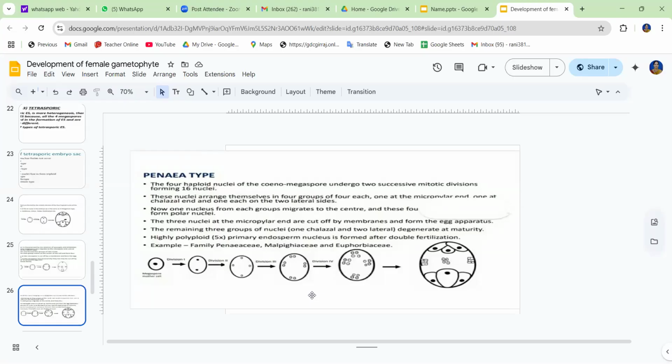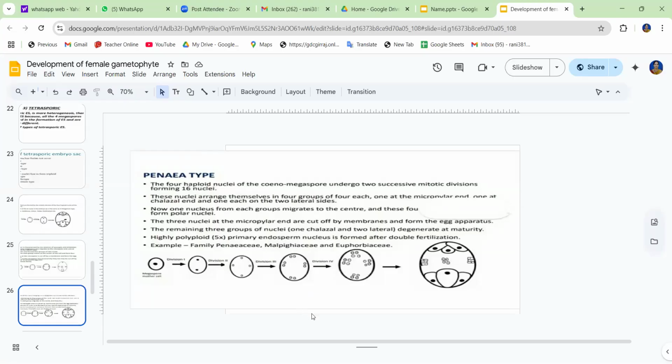The remaining 3 groups of nuclei, that means in the 1 chalazal and 2 lateral sides, degenerate at maturity. A highly polyploid primary endosperm nucleus, 4 or 5 N, is formed after double fertilization. For example, families Penaeaceae, Malpighiaceae, and Euphorbiaceae.